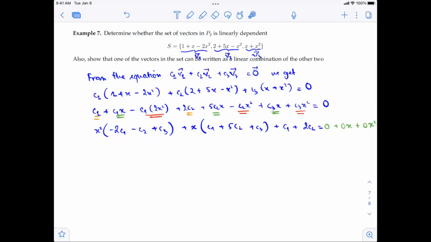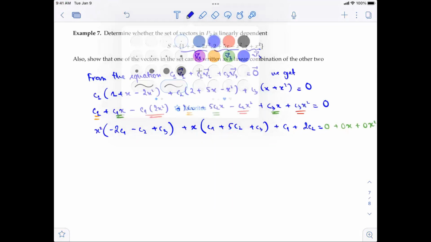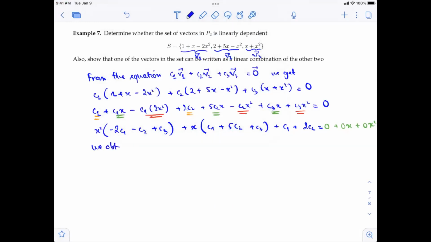The coefficient of x is equal to the coefficient of x on the right-hand side. And this is the coefficient by itself without any x attached to it, and you set that equal to the 0 on the right-hand side by itself. We obtain the following system.